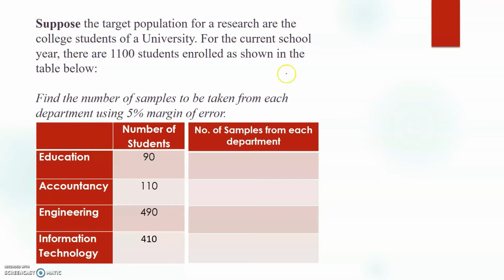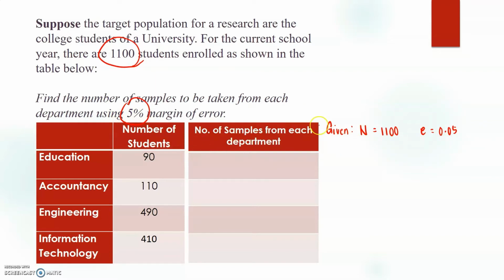So using Slovin's formula, let's identify our given first. We have here 1,100, so that is our population, that is our capital letter N. And we have a 5% margin of error, so our margin of error is 0.05, the decimal expression of 5%.